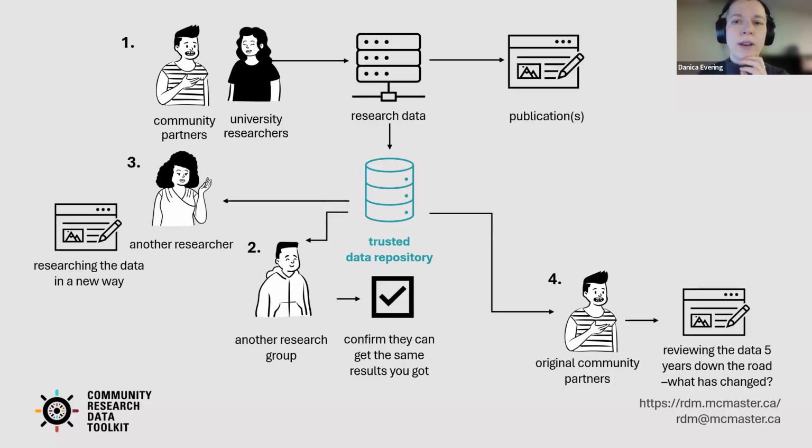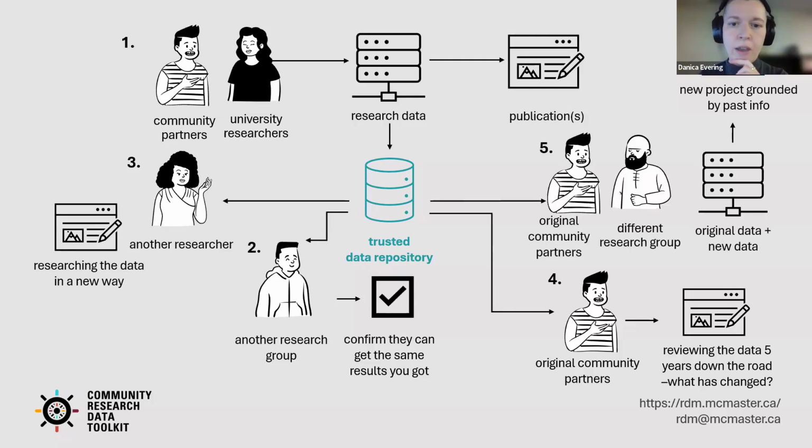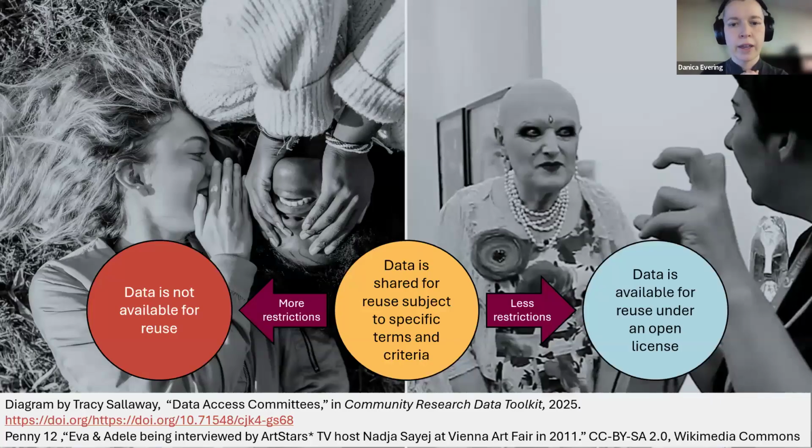As the original community partners, you might be revisiting the data again, coming to the idea 5 years down the road, what's changed, what hasn't changed, and that is also relevant for funding decisions and things like that. And then they might be working with a new research group to produce new data. So there's a range of ways that data reuse can look.